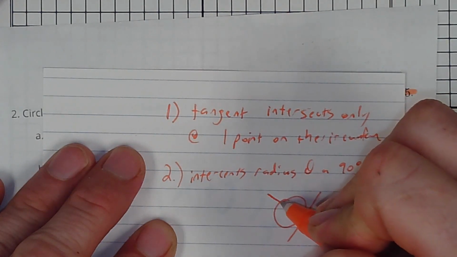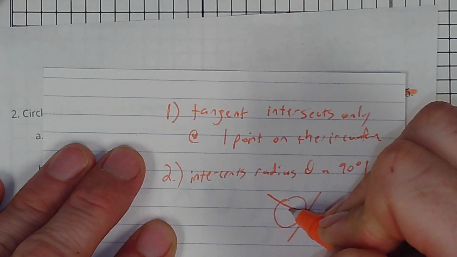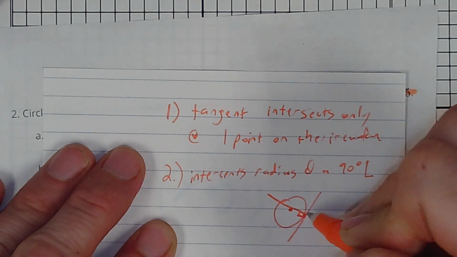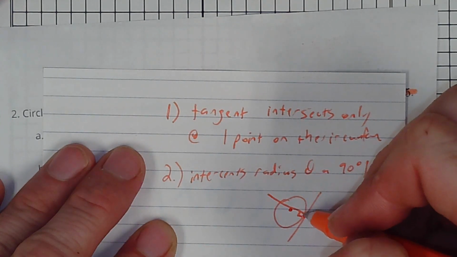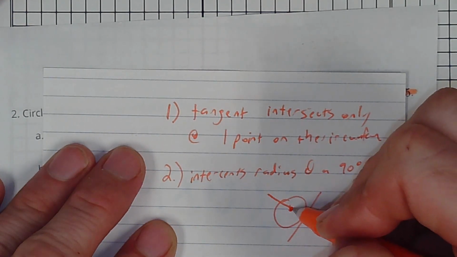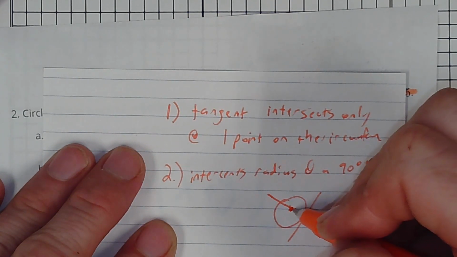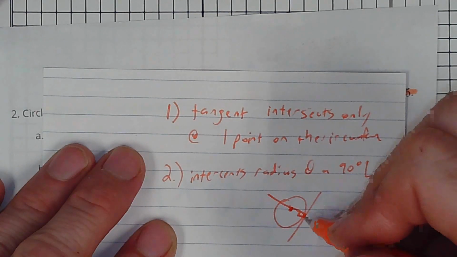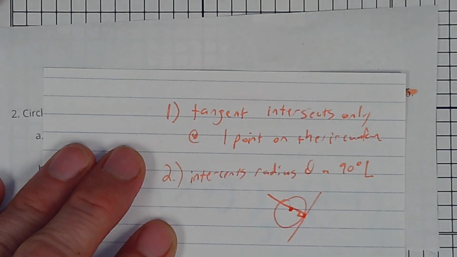If I have a line coming this way, and this is my radius, or my diameter for that matter, this is a 90-degree angle. So it's got to pass through the center of my circle for it to be a radius, meaning that one of those points can be a point on my circle. Keep that in mind.